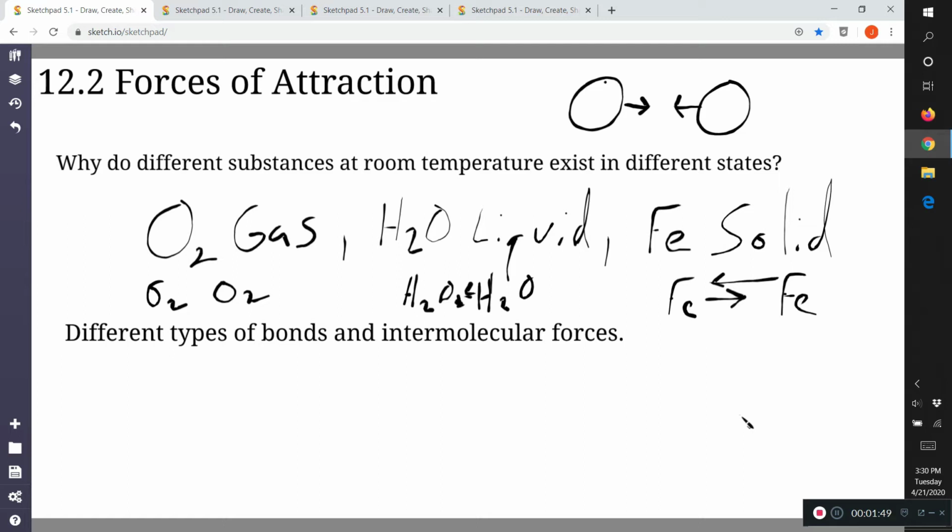So briefly, let's review the three types of bonds we've done this year. We started off talking about ionic bonds. Ionic bonds are where the bonding is done by a cation being attracted to an anion. Classic example, sodium chloride, table salt.